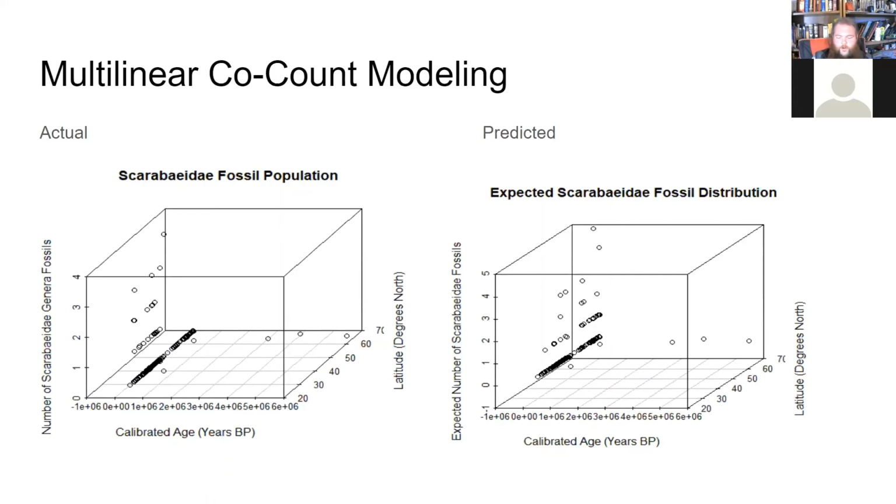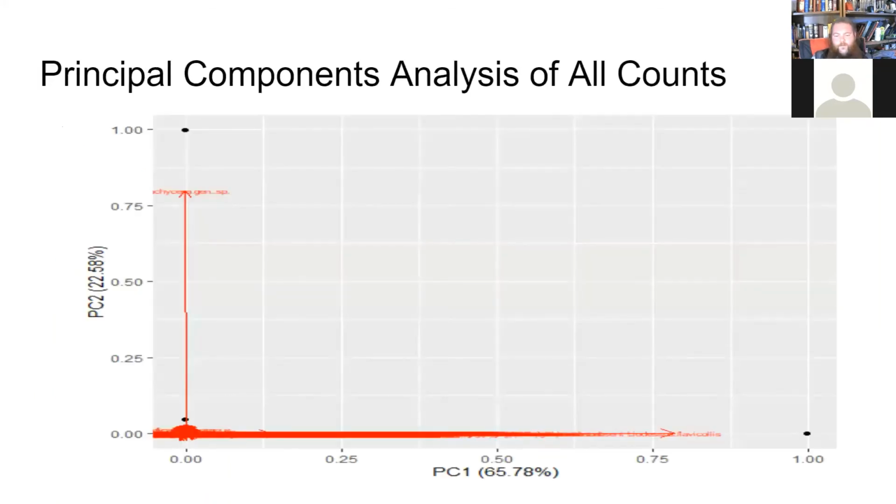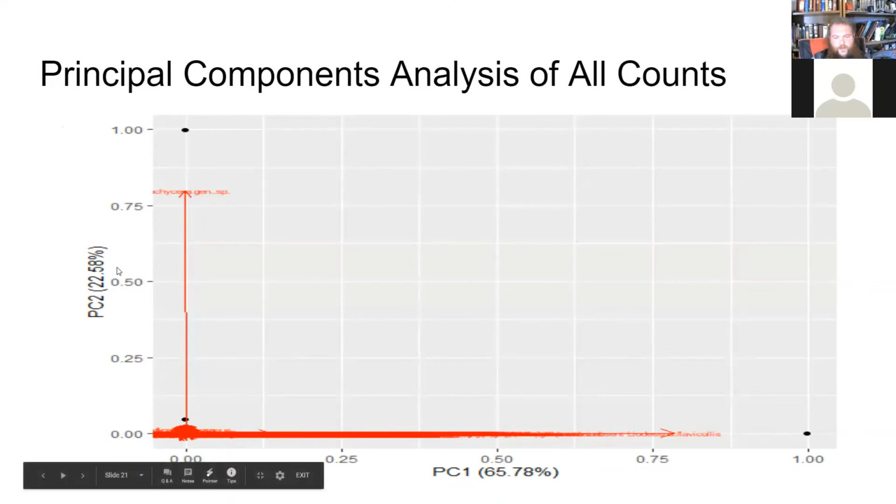So we're going to come back and talk about this in a second. But yeah, before we do that, I want to talk briefly about our principal components. So we've got two here that account for about 87% of all of our distribution. And what it's finding is, so this is a genus of fly, and this is a genus of diving beetle.